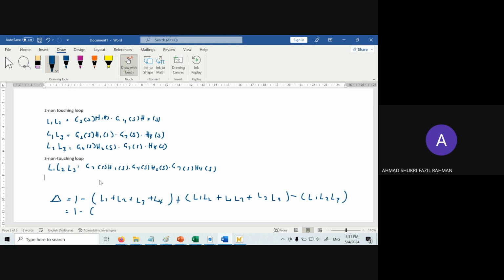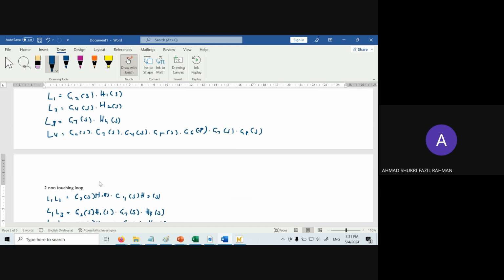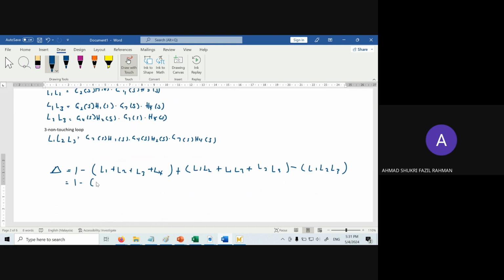Make sure L1, you should put what L1 actually is, G2H1, so you should write down G2 H1, and then what is L3, you put down the root for L3, L4 and so on, and also you should put down the root for 2 non-touching loop, and then do the same thing and then minus, and then the root for 3 non-touching.